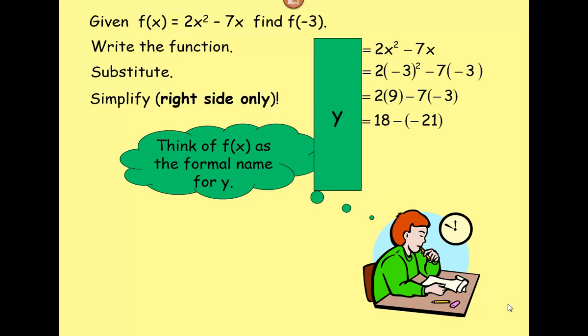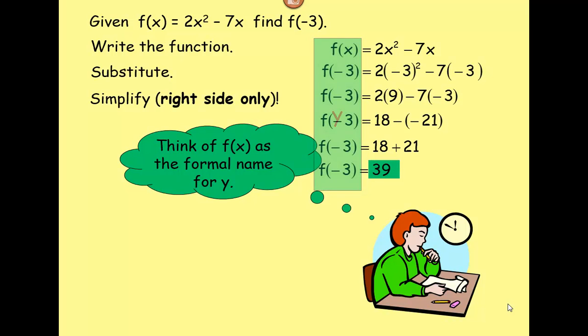This is why things like Chapter 1 and Chapter 2 are so important. We're just using the rules that we learned from those two chapters. And as you can see, f of negative 3 equals 39. This basically means if you plug in negative 3 to this rule, 2x squared minus 7x, that you will get out an answer of 39.